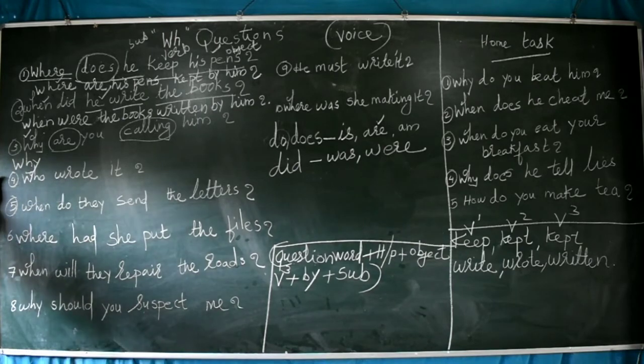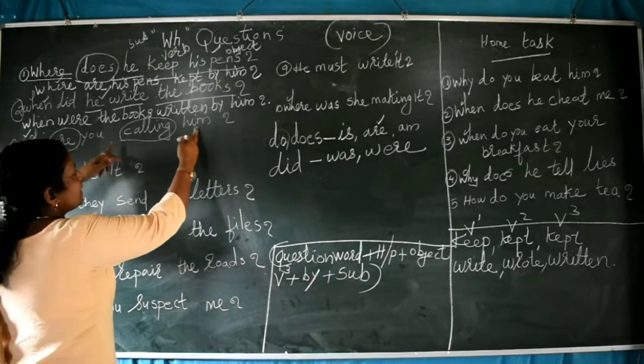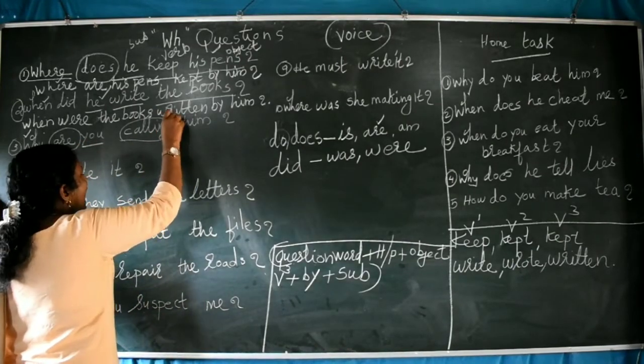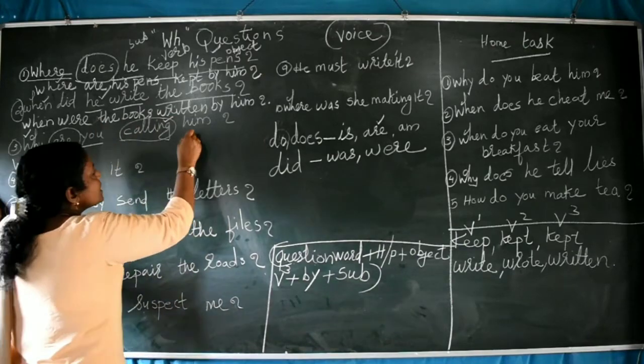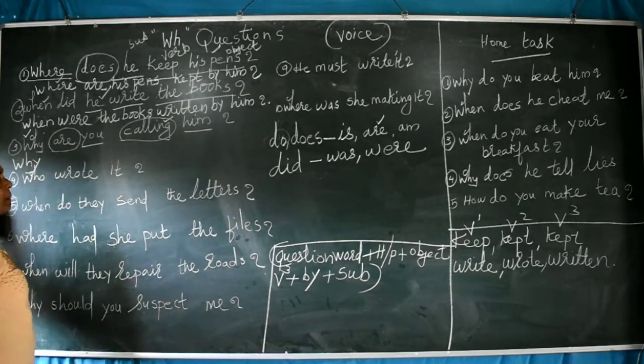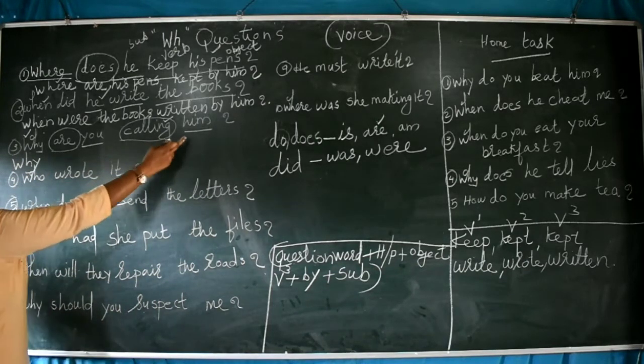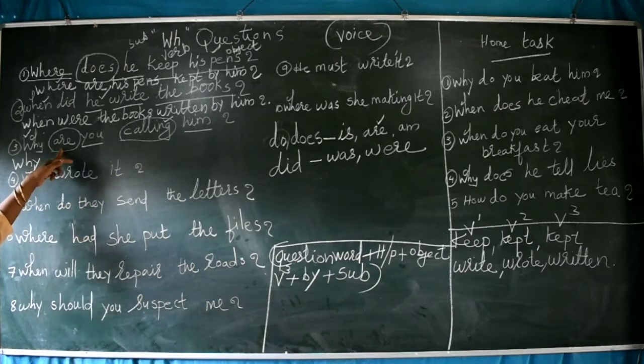Thereafter, we will search for the object. You subject, calling, you are calling him. Him is the object. But him, when we write as a subject, it will change into he. He means he is, not are.